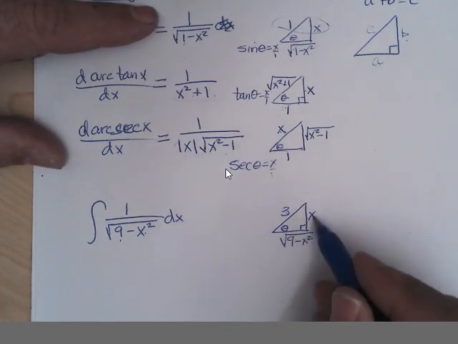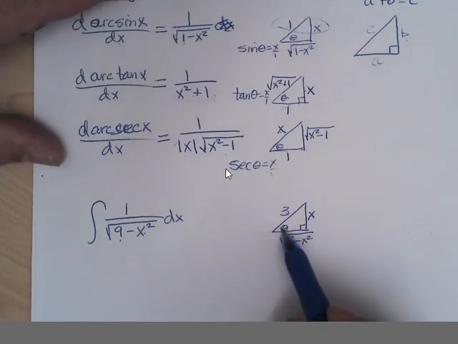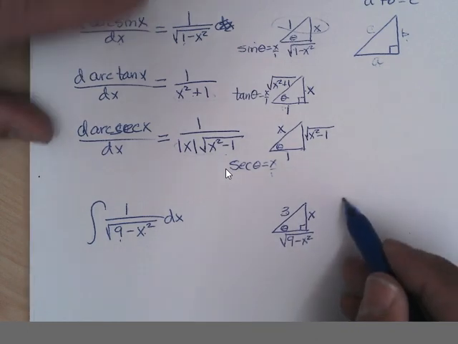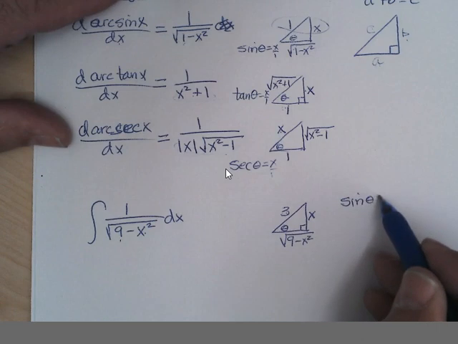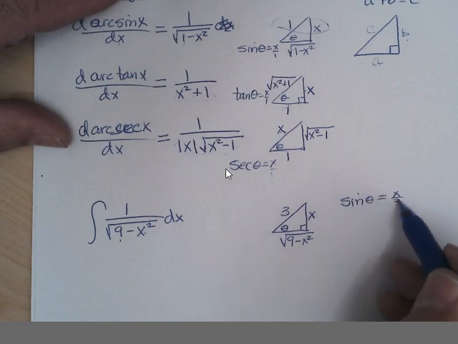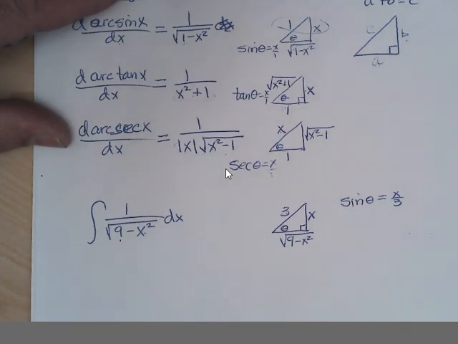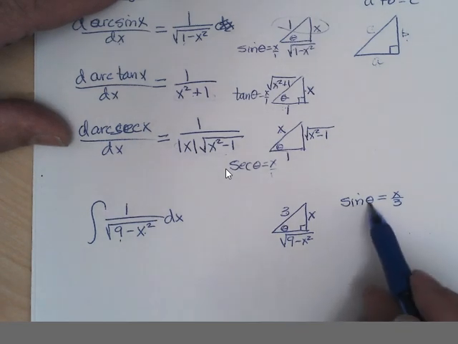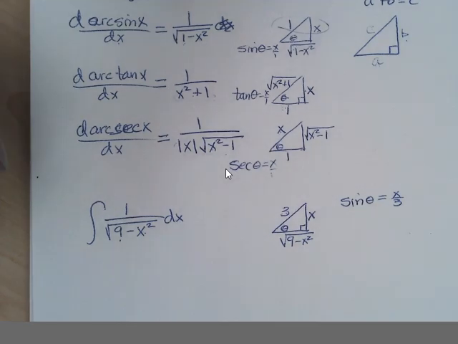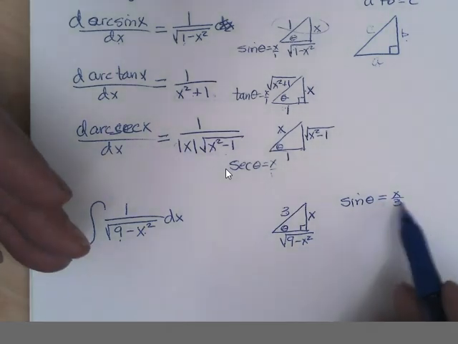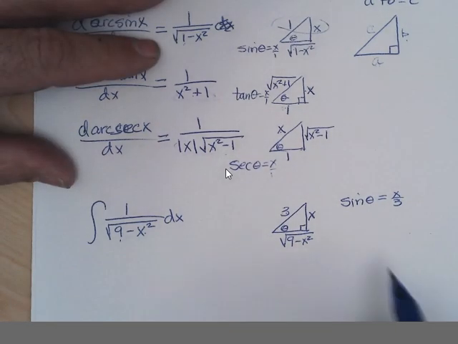And from this, across from my theta is x, and that's over the hypotenuse. So the simple expression is sine of theta is x over 3. So I'm going to try to do trig sub with sine of theta equal to x over 3. Now when we do regular substitution, the first thing we do once we figure out what we're making our substitution is find out what the dx is going to be replaced with.